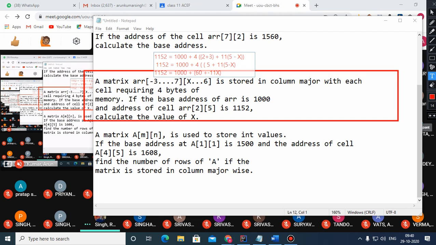It is 1152 equals 1000 plus 60 minus 11 minus 11x. Now if you further solve it, it will be 152 equals 240 minus 44x, and then easily you can solve.